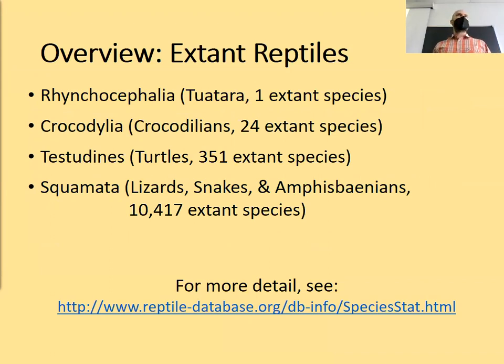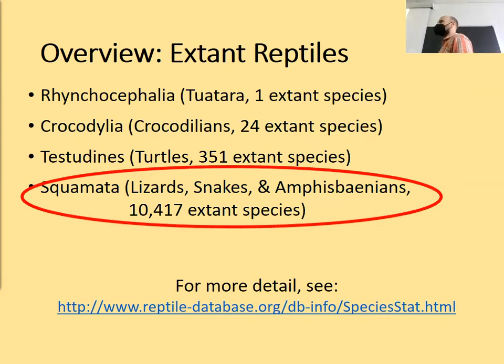We have turtles, which has several hundred species. And then we have squamata, which has 10,000 plus species. Again, you don't need to know these exact numbers, but it is important to know the relative amounts: only 1 species of Tuatara, a couple dozen crocs, a couple hundred turtles, and then 10,000 squamates, which tells us that the vast majority of reptile species fall in this group of squamates.